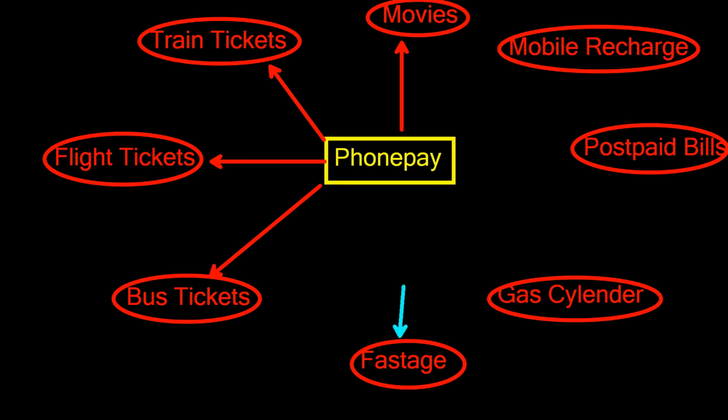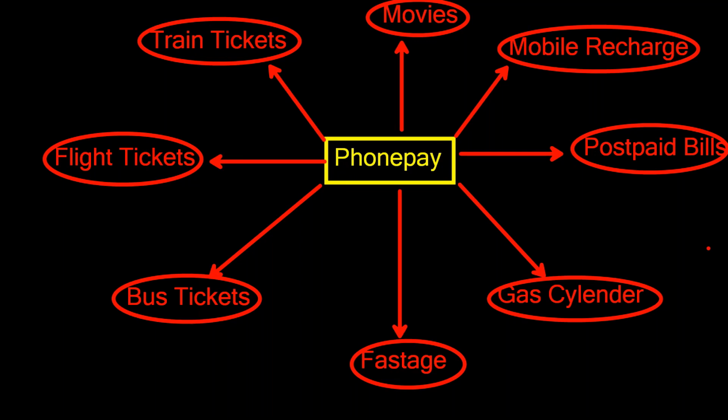Whenever we install PhonePe and sign up with our mobile number, we are able to see all services in one place. Instead of these 8 apps, we need to install only one app, and all the services are integrated.